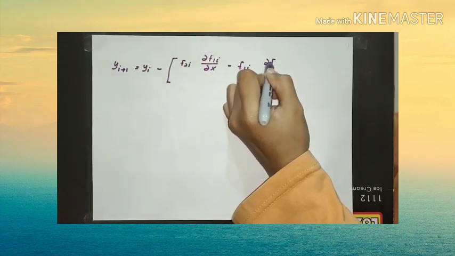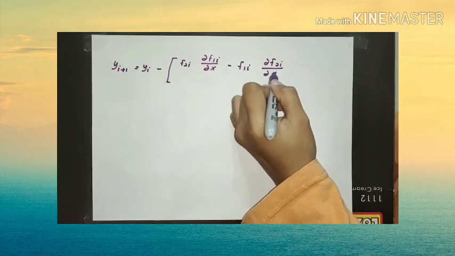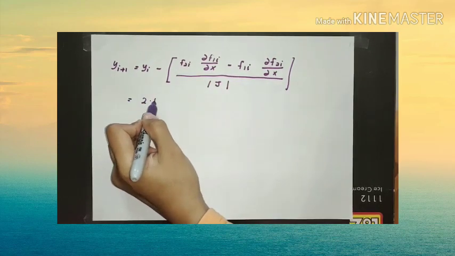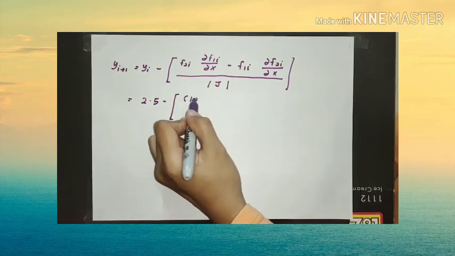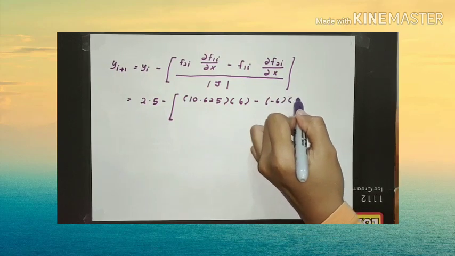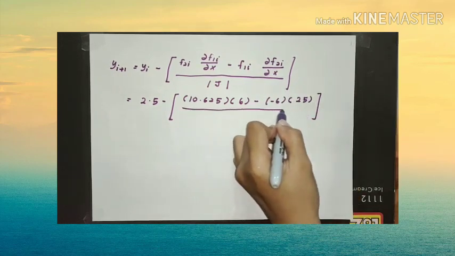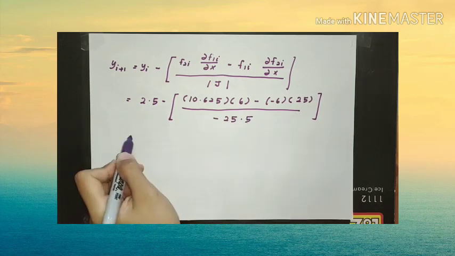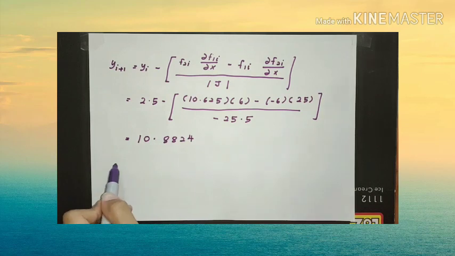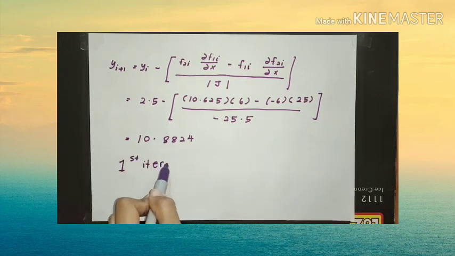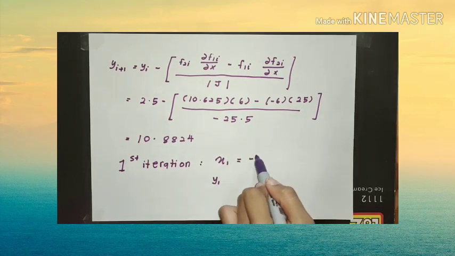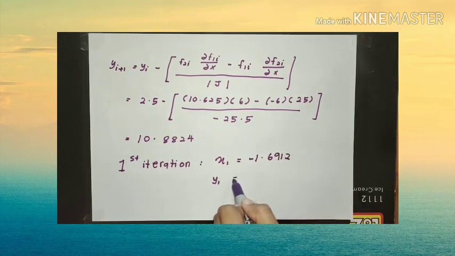So our y1 is equal to 10.8824. So after the first iteration, the value for x1 is equal to minus 1.6912 and y1 is equal to 10.8824.